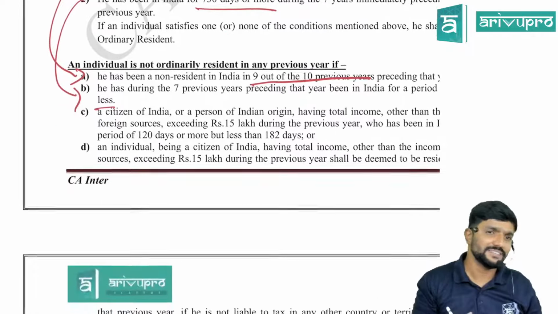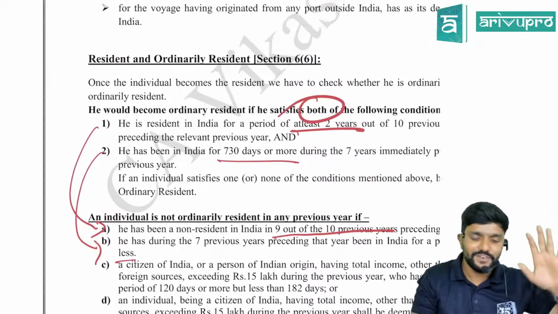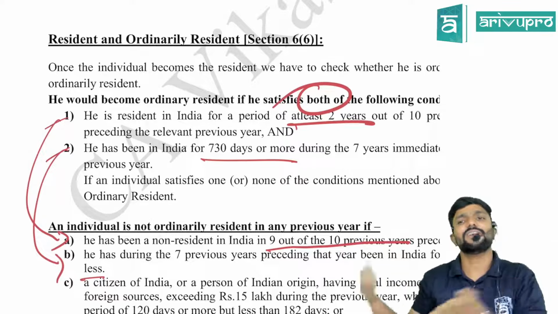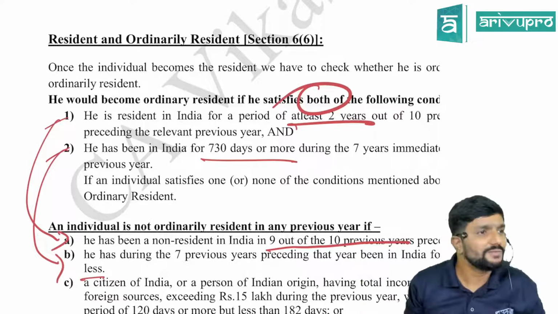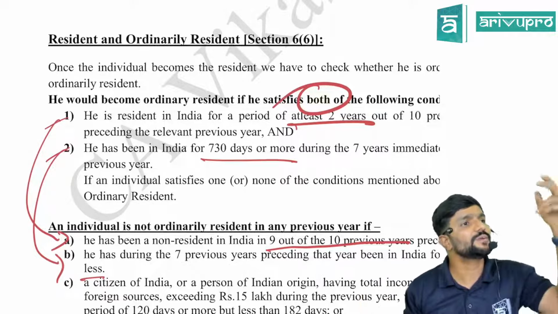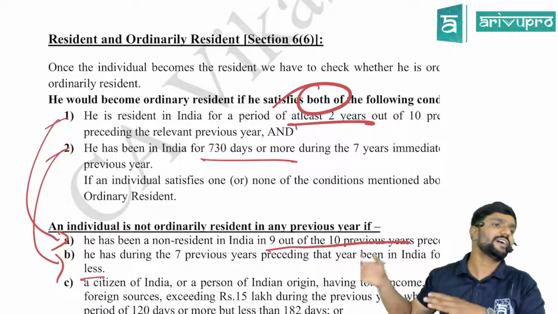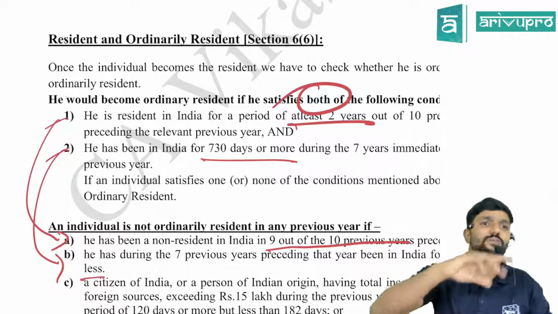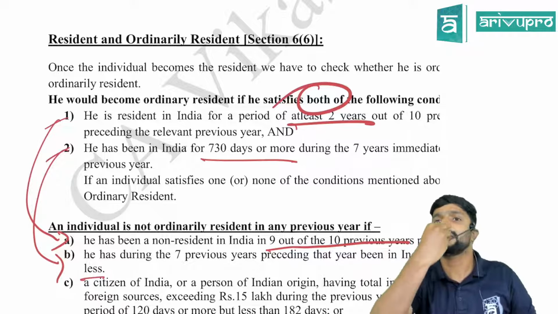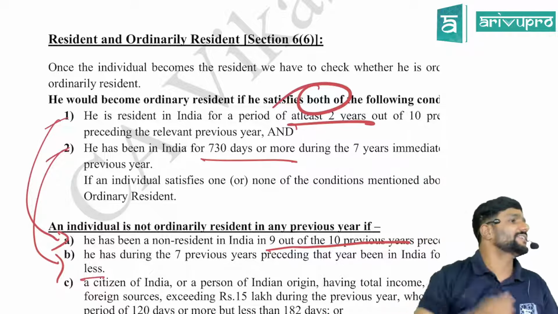So simple, guys. If you have not satisfied any of these conditions, you are not ordinary resident. Section 6(6) says you have to satisfy both, and even if you have not satisfied one, you become not ordinary resident. They have just given it vice versa.